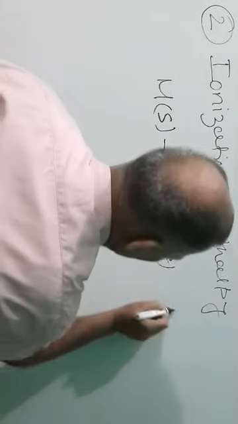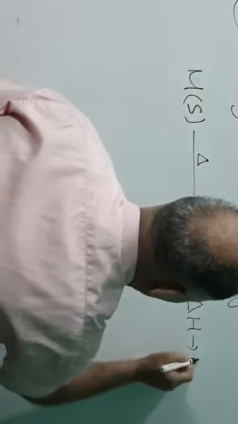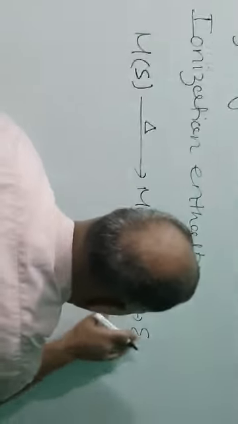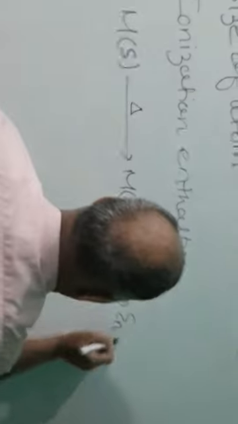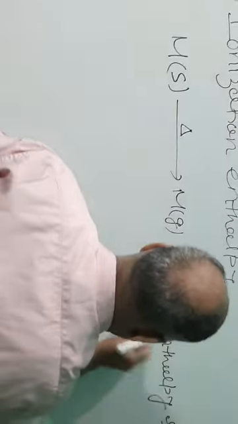Here delta H stands for enthalpy of sublimation.